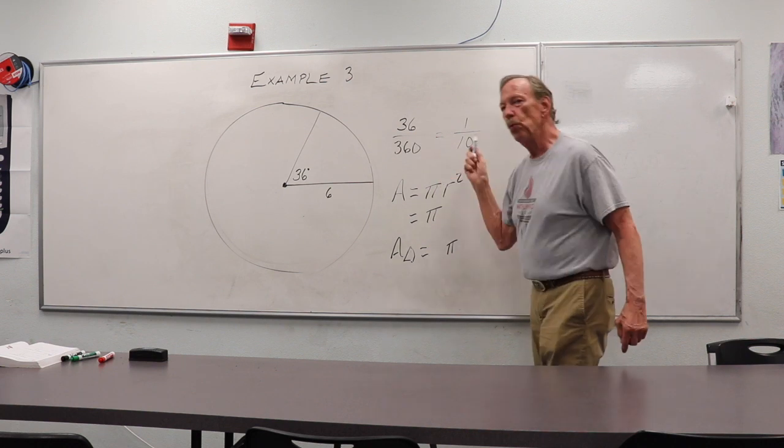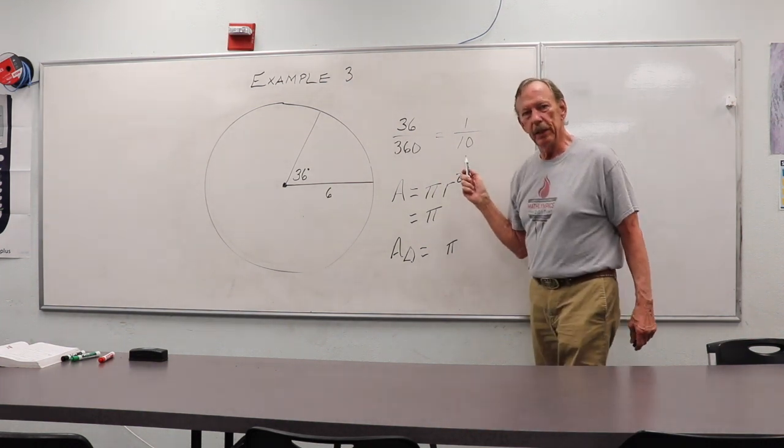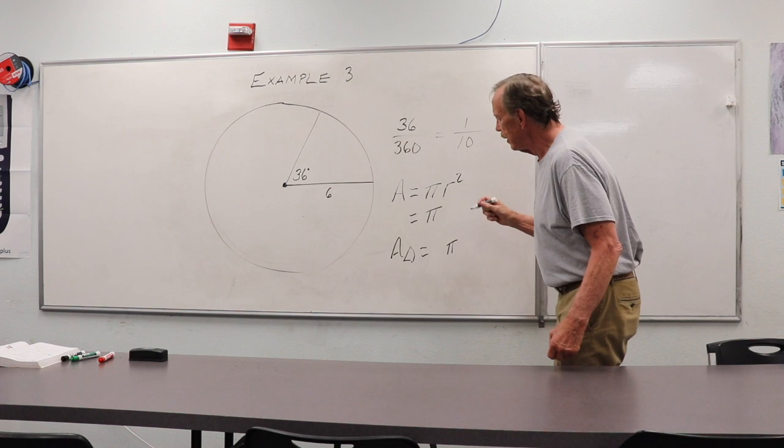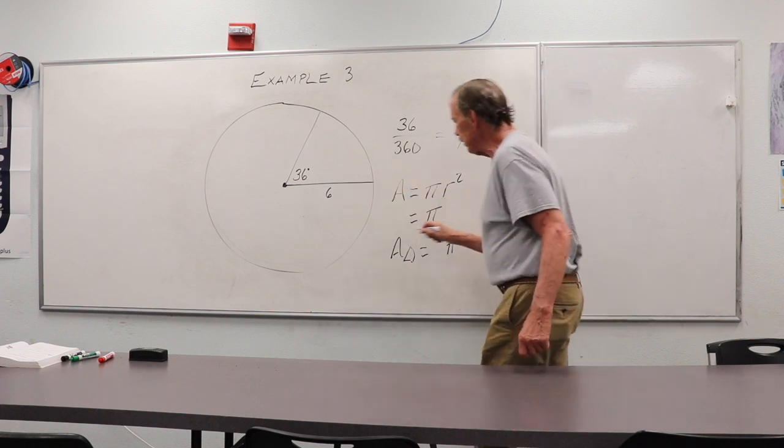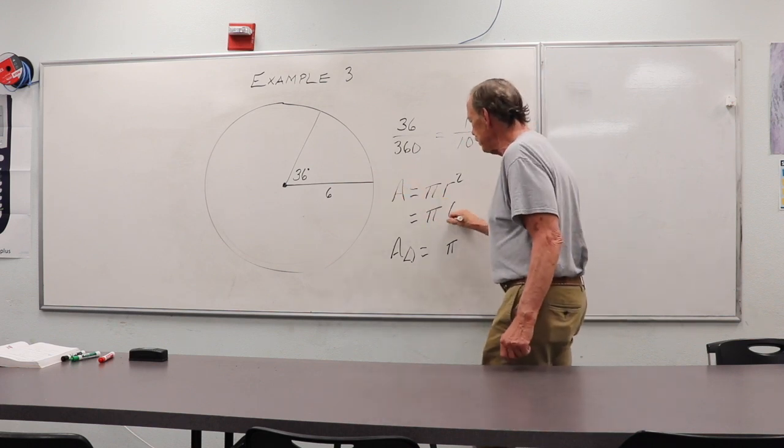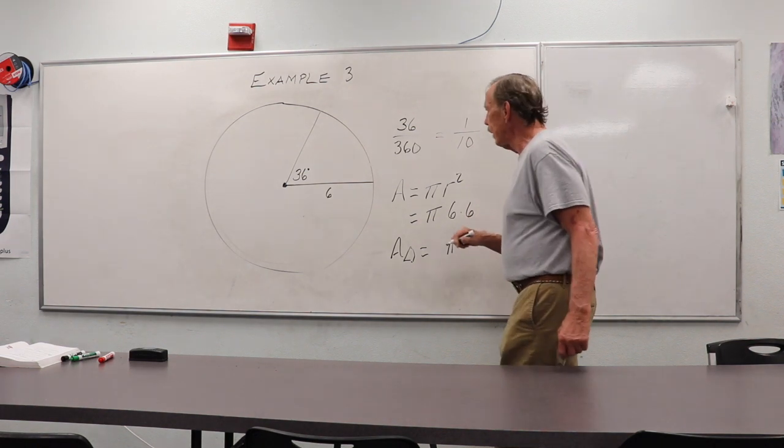So this sector is 1/10 of the area of the circle. The circle itself is pi times the radius squared.